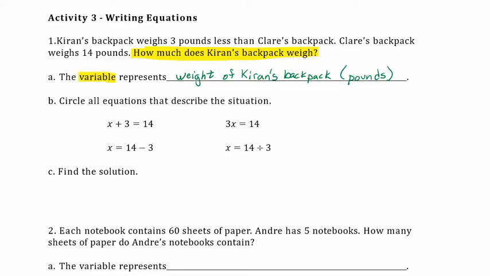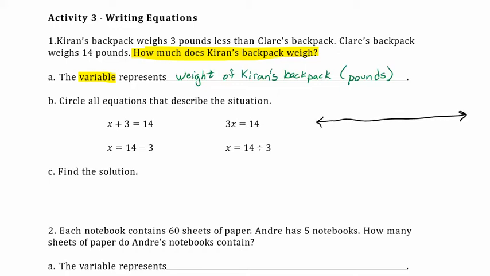Now, we don't have it here as part of this problem, but I think drawing a picture of some kind can be really helpful for visualizing what's happening, whether that's a number line. You could draw a vertical number line or a horizontal number line. Let me draw a horizontal number line.